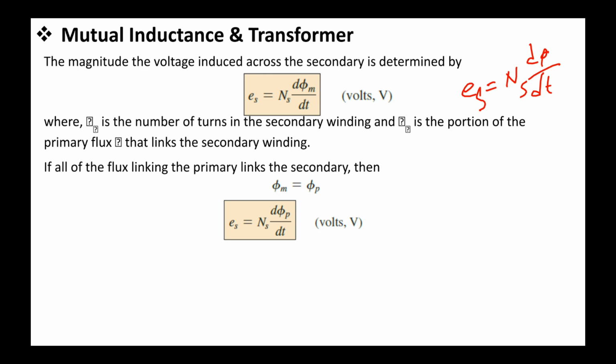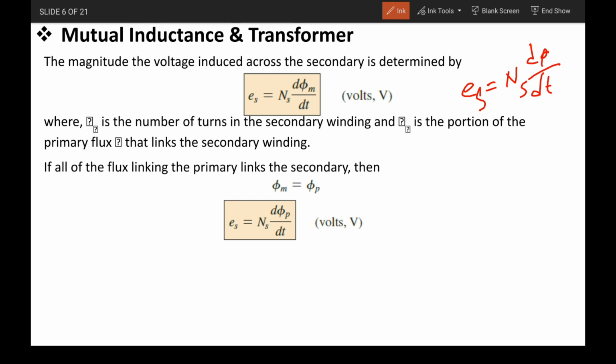Now if all the flux linking the primary and secondary is equal, that means this is a very efficient system, where all the flux produced in the primary is shared with the secondary, then we can write phi m equal to phi p. Then this equation changes so that phi m becomes phi p. Now this is the equation.